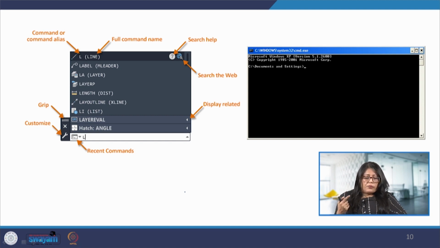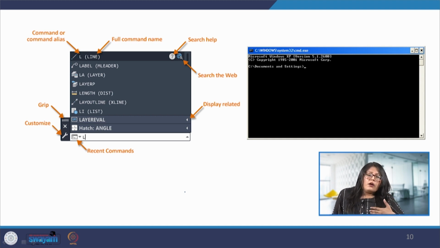Now, they were superseded by the graphical user interfaces, which incorporated, as we saw, menus, icons, keyboard shortcuts, pop-ups and text commands. Command line interfaces continue to have an advantage where the user finds them easy and faster to use as compared to the menu based systems.